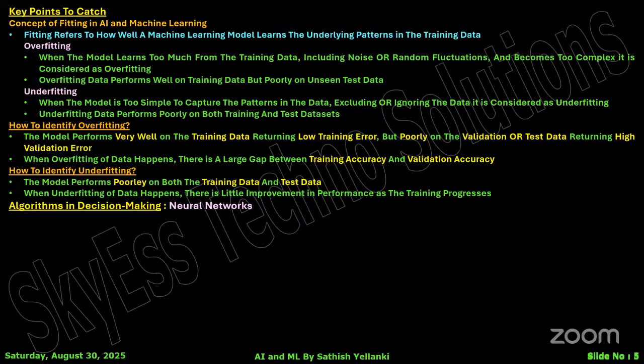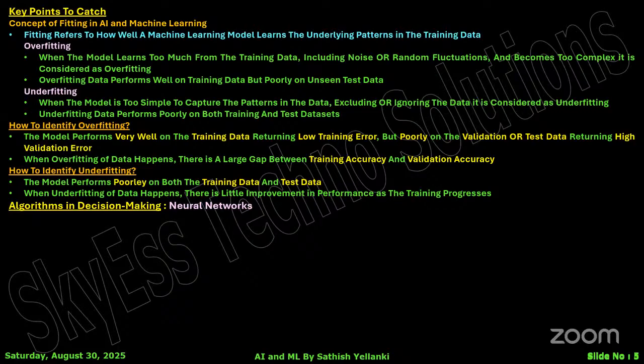When you come to neural networks, understand one thing, man: it is a computational model inspired by the human being's brain. Whenever you take any decision as a human being, do you take it by one single thought, or do you have multiple levels of thoughts and finally come to a decision? Multiple levels, yes or no?